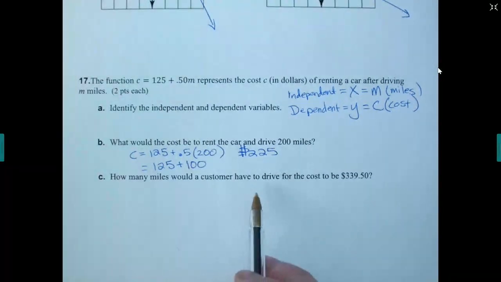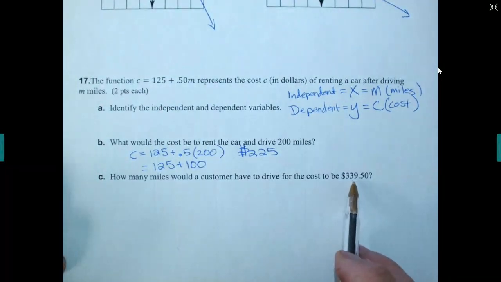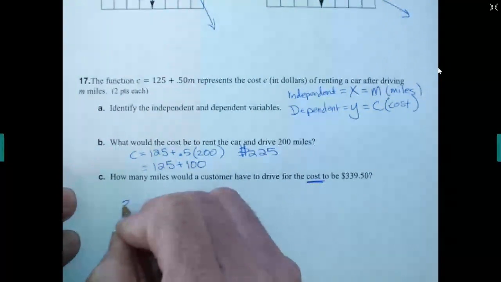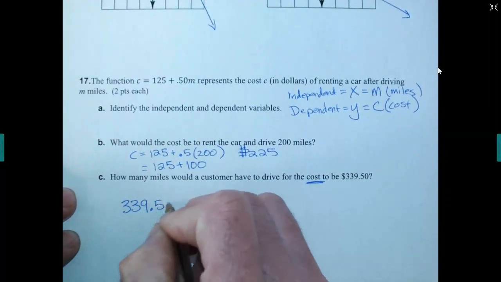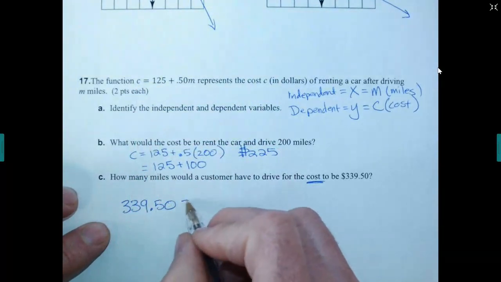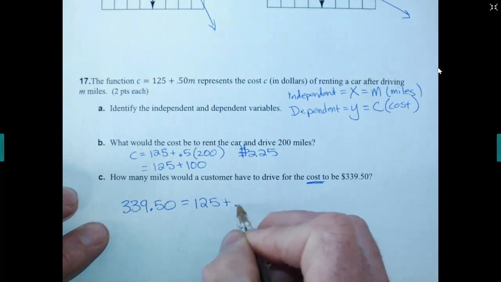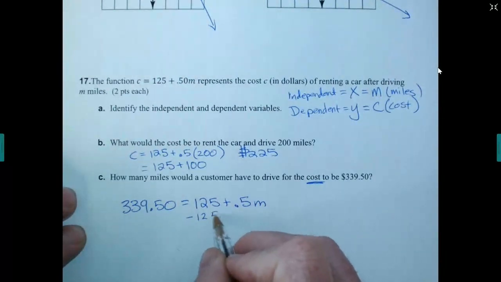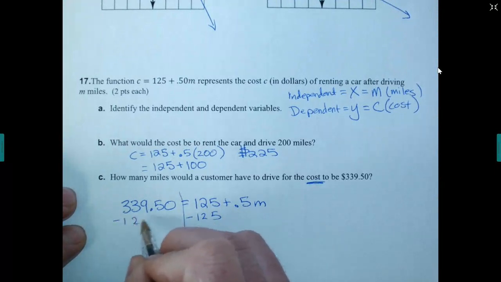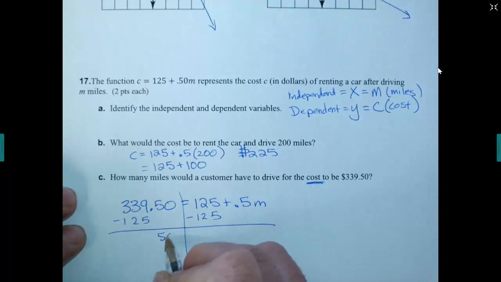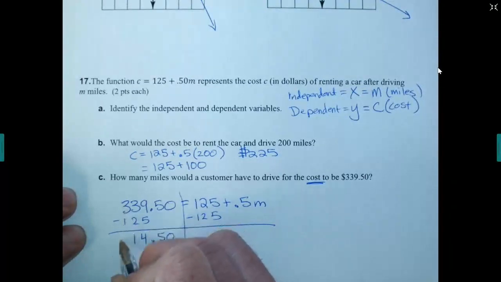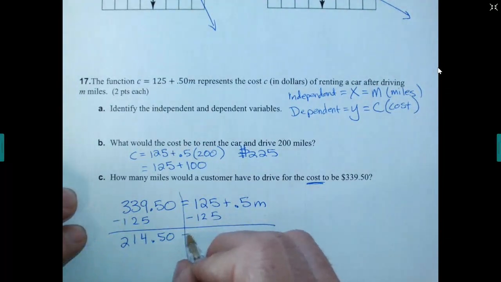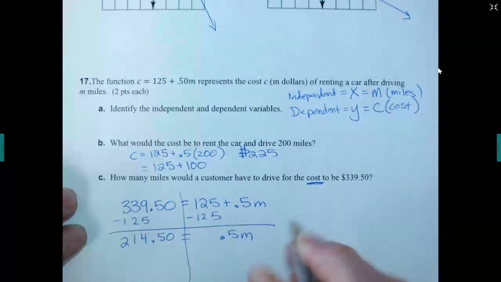How many miles would a customer have to drive for the cost to be $339.50? Well, this is cost, so we plug this into the cost. $339.50 is our cost, and that equals $125 plus 50 cents a mile. So now I solve this equation. Subtract 125 from both sides. I'm left with $214.50 equals 0.5m.